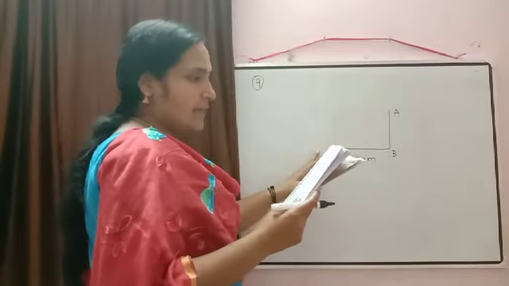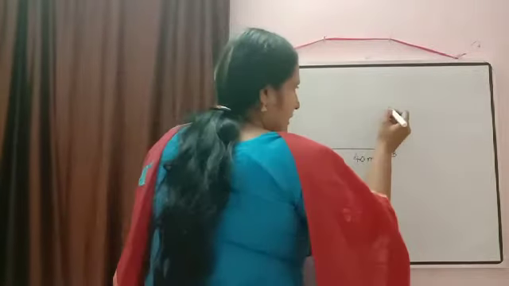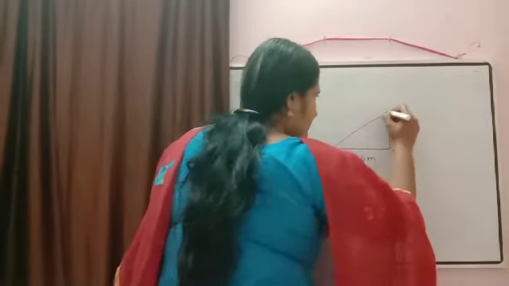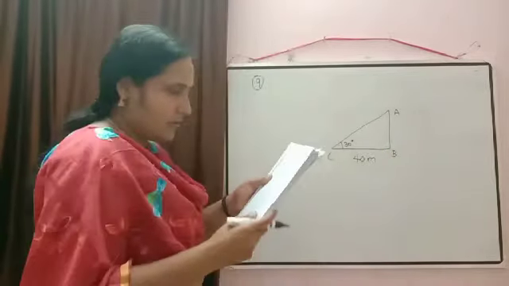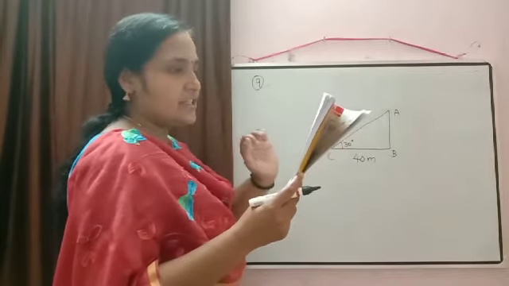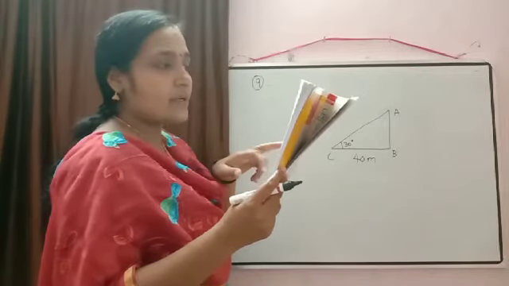The angle of elevation of the top of the tower is 30 degree. This is the top of the tower. So the angle of elevation of the top of the tower is given as 30 degree. Okay. Then the next information given is the angle of elevation of the top of the water tank. And where is that water tank?